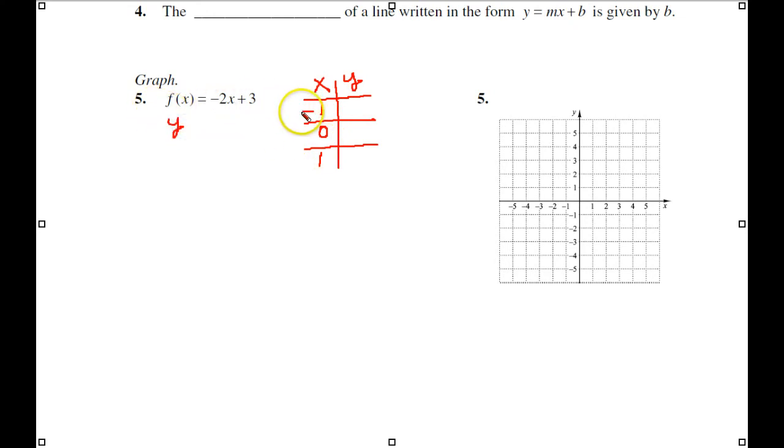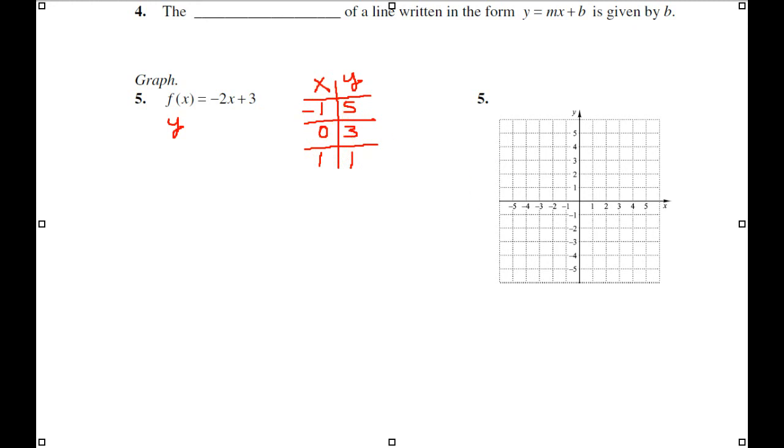And if x is -1, this will be -2 times -1 gives you a +2, plus 3 is 5. Now, if x is 0, -2 times 0 is 0, so this becomes a 3. Now here, if x is +1, -2 times +1 is -2. -2 and 3 is 1.